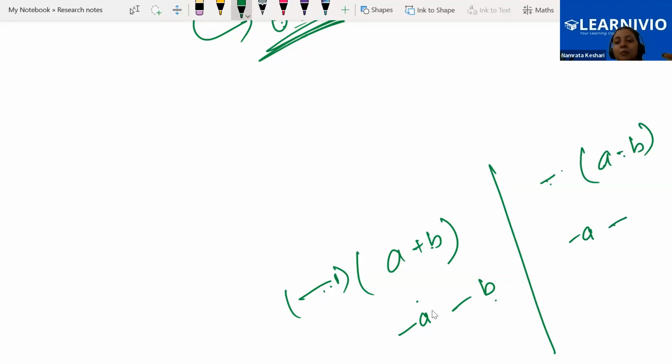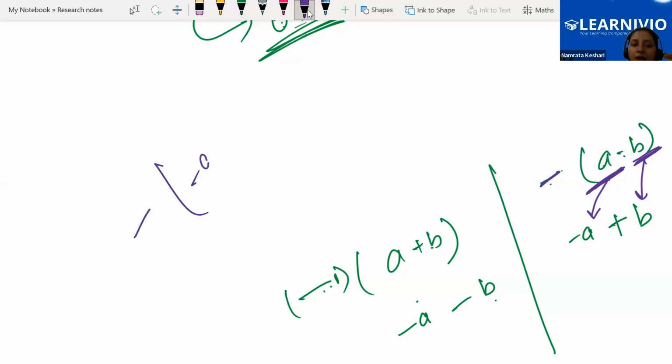Plus b. That's why whenever there is a minus sign outside the bracket, we as teachers say that you have to reverse each and every sign. The positive term will become a negative term and the negative term will become a positive term whenever there is a minus outside.